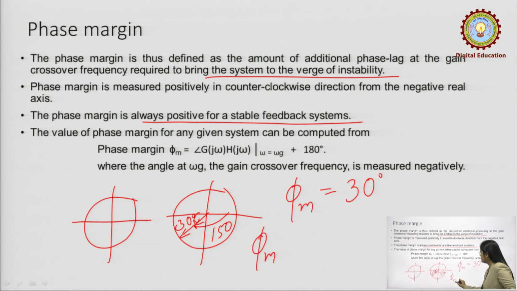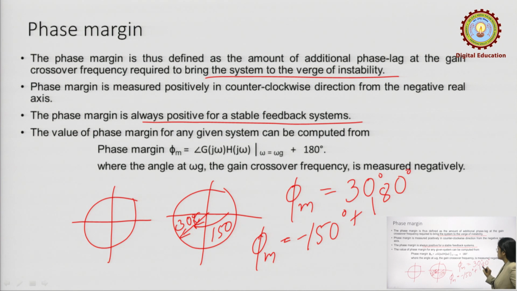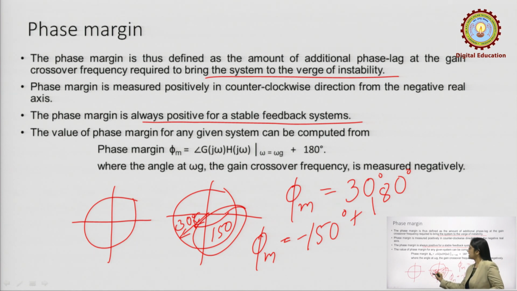So, phi m will be equal to minus 150 degrees plus 180 degrees. So, that comes out to be 30 degrees. This is the value of the phase angle which is measured from the positive real axis in the negative direction. So, phi m will be minus 150 degrees plus 180 degrees, which is nothing but 30 degrees.